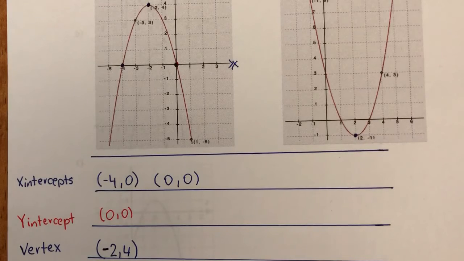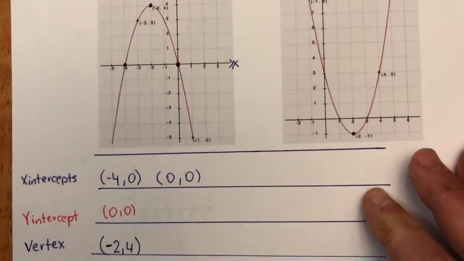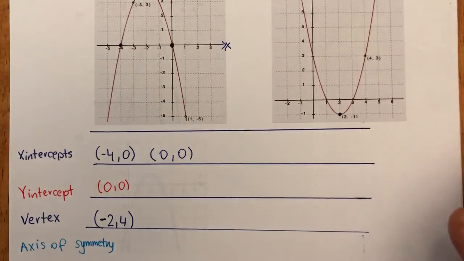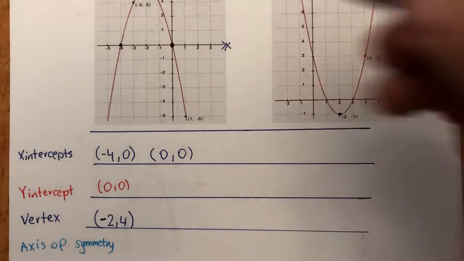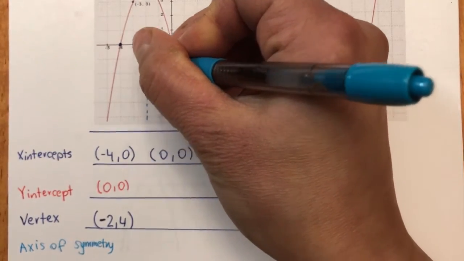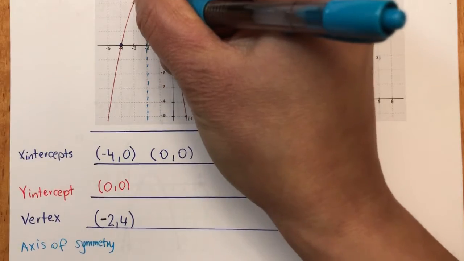Next thing that we are asked to say is where is the axis of symmetry. The axis of symmetry is that line that will go through the vertex.